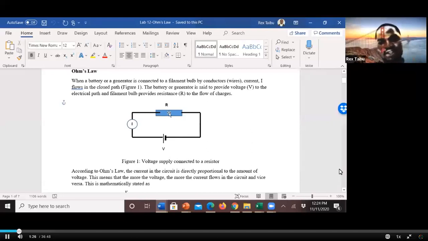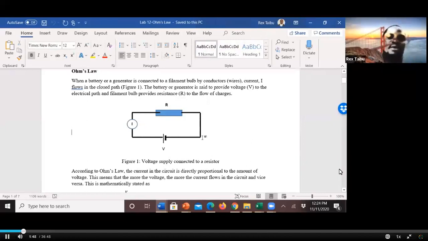So that's a resistor here, and here is the power supply, and that symbol is the shorter line and the longer one. It shows that current is moving from the longer line to the shorter one, so from positive to negative. So this is what we call a complete circuit.